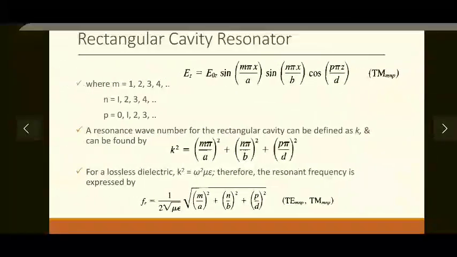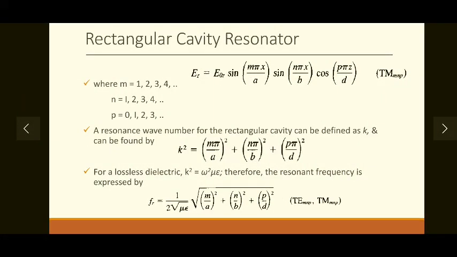Similarly, in case of TM mode, we will require to calculate Ez. Again, x and y components will be sine and the z component will be in terms of cos.